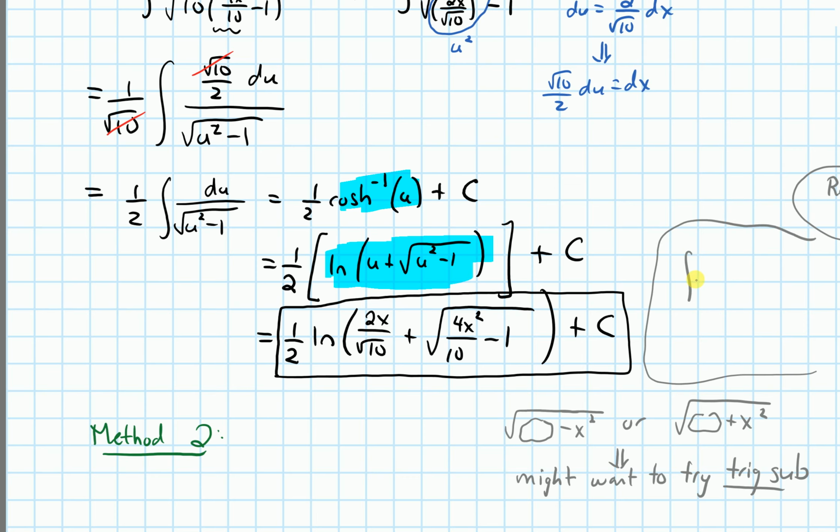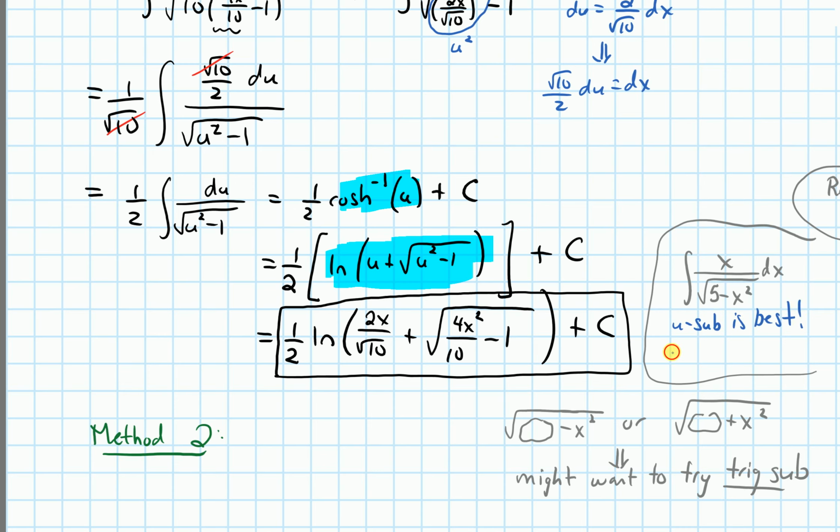Okay, so for example, if I had something like x over square root of 5 minus x squared dx, even though I see a term that looks like square root of something minus x squared, this is really nice for u sub. So for something like this, u sub is best.